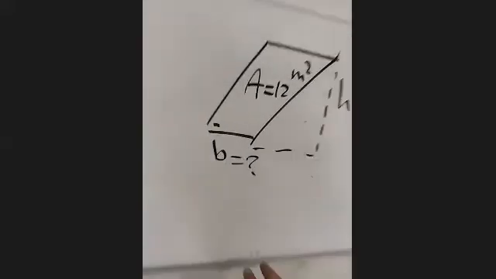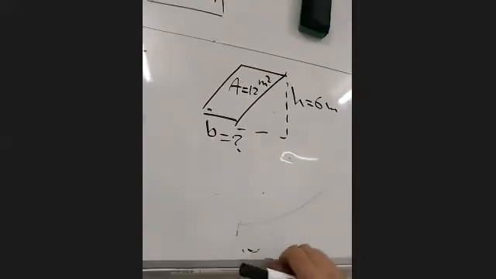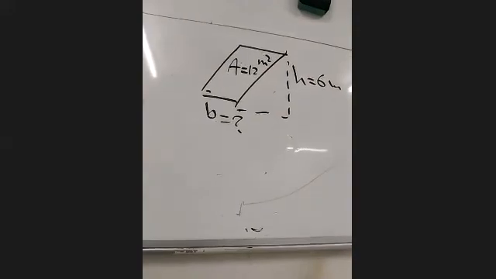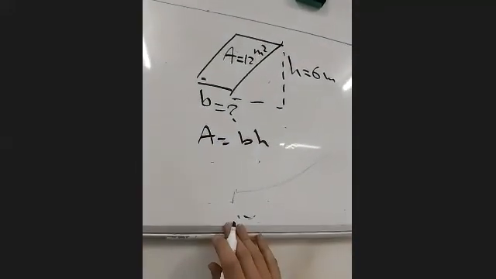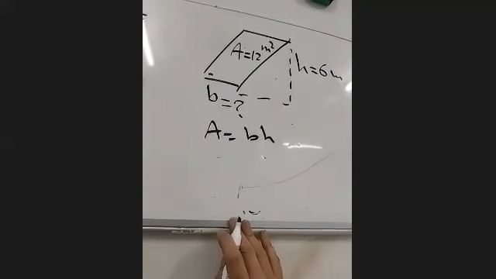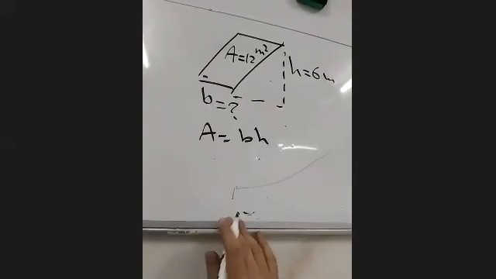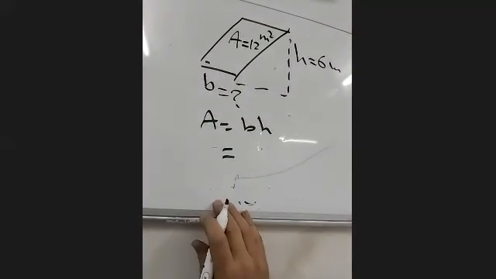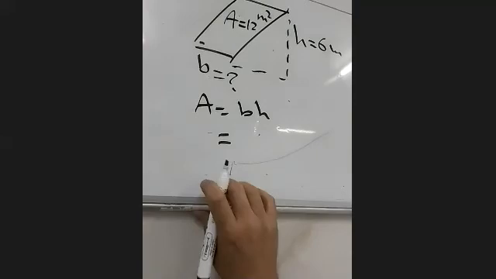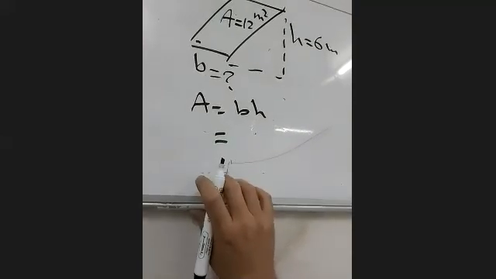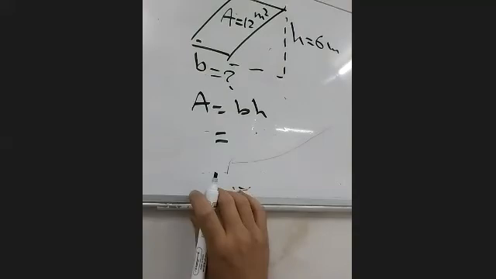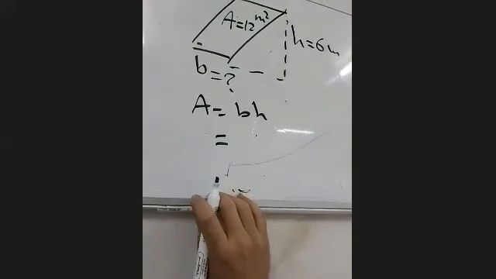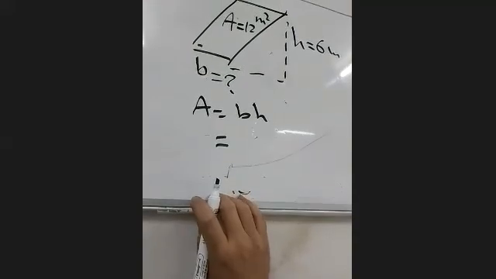What will we do? We will write the formula. A equal BH. Then A equal, 6 meter. Who told you that? No, A equals, no. 12 equals 6 meter. Yes, 12 equals 6 meter, excellent.